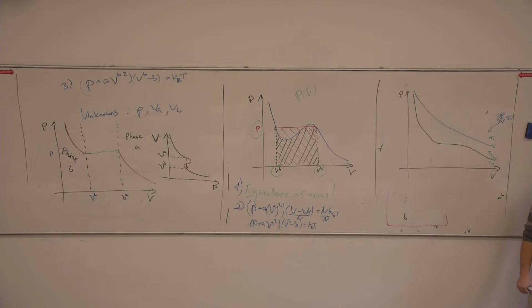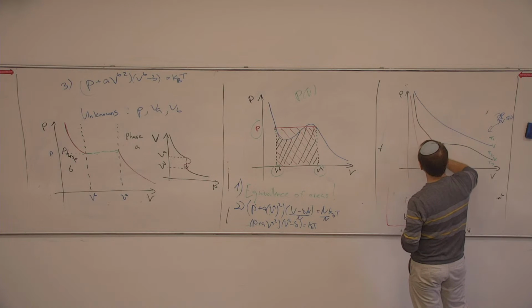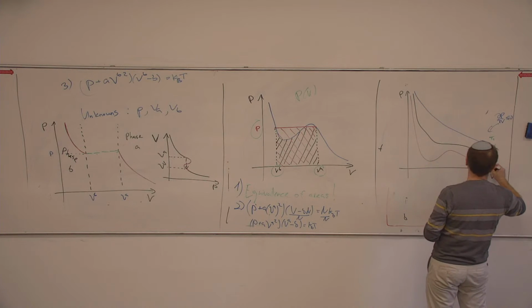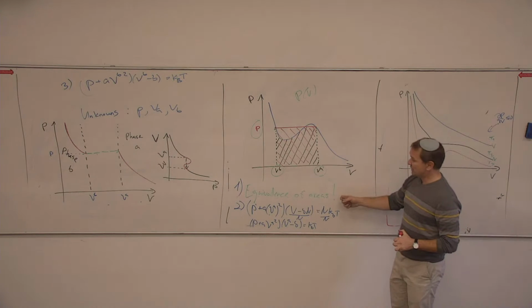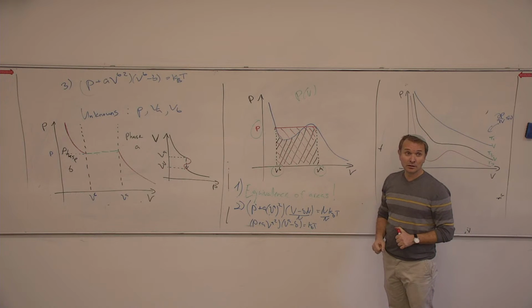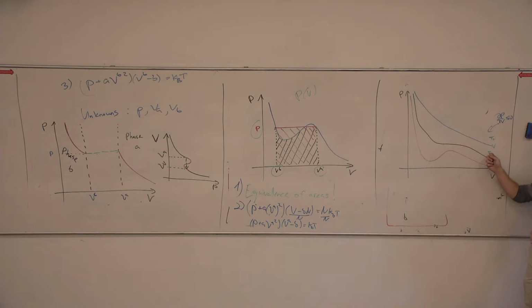So I have to go to low enough temperatures in order to observe this unstable behavior. Okay. Therefore, I can say the following. This equivalence of areas will occur only for low enough temperatures. Okay? Because for high enough temperatures, everything is always stable.